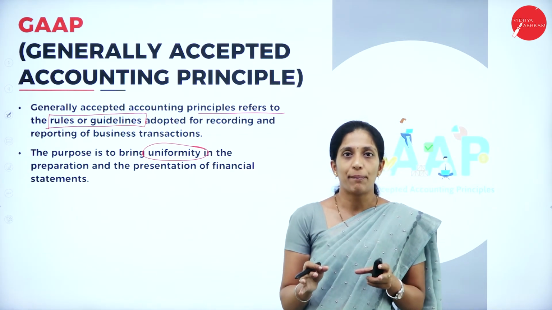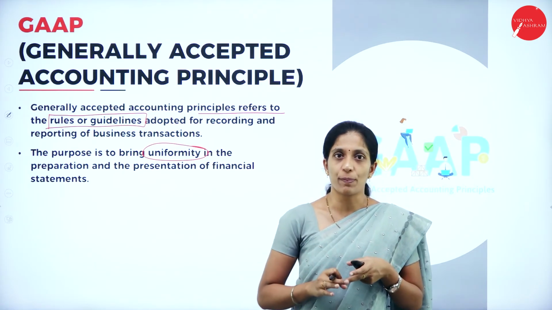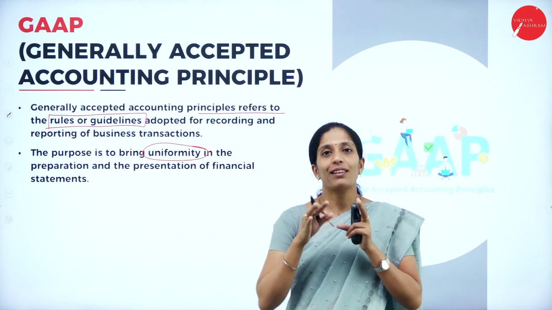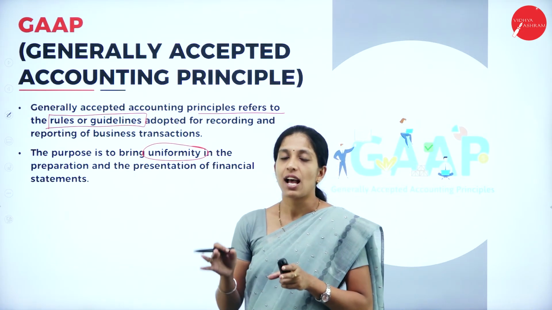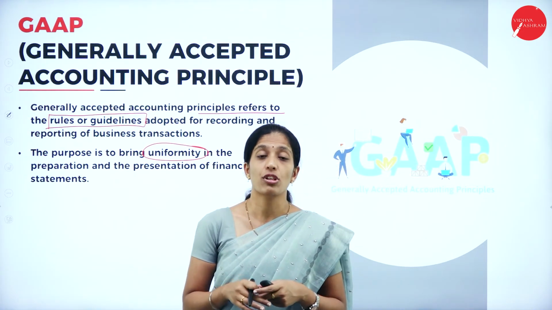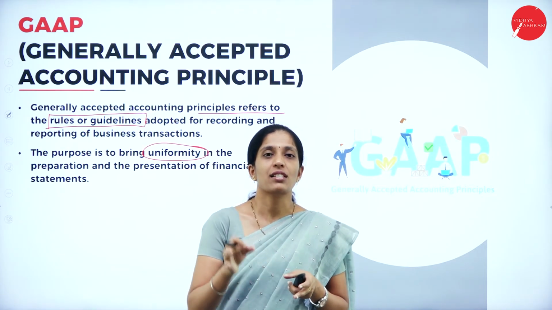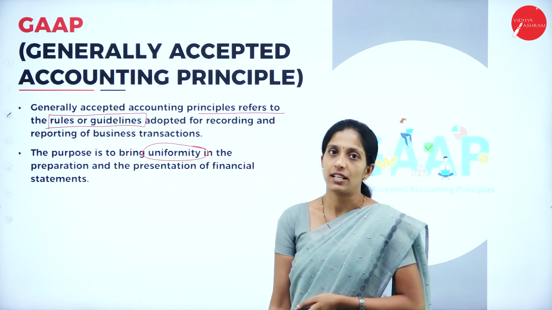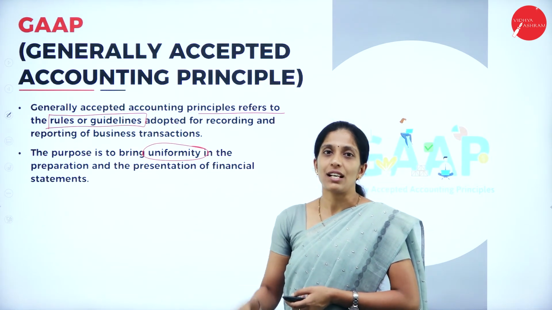Then only can we compare, or else the comparison is not possible. So, in order to bring uniformity in the preparation of financial statements and the reporting of the financial position to the users, this GAAP has been introduced. Hope you are clear with this GAAP.